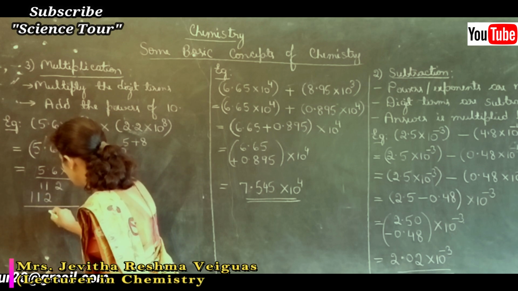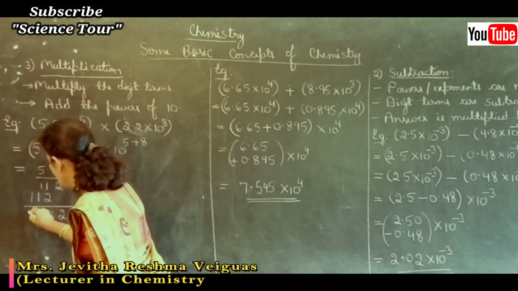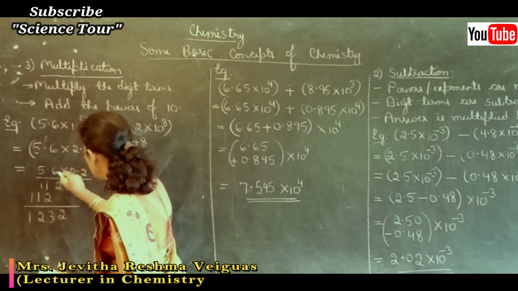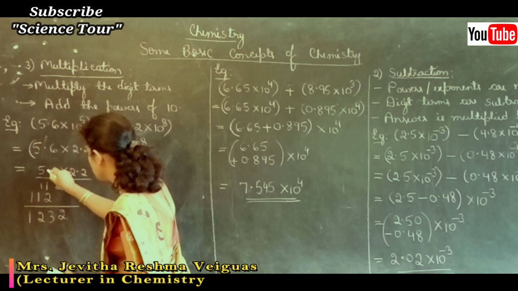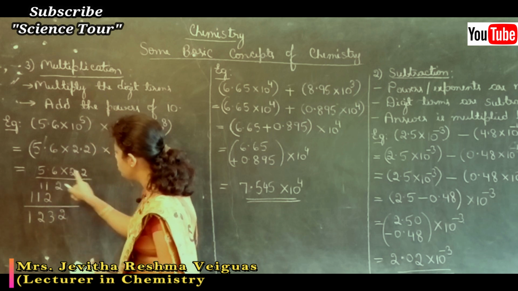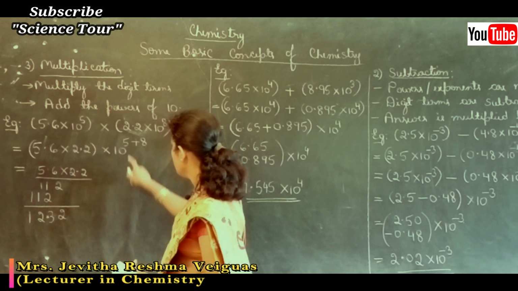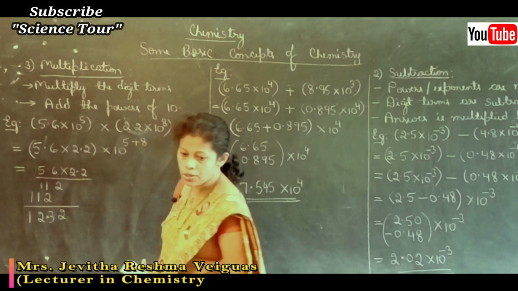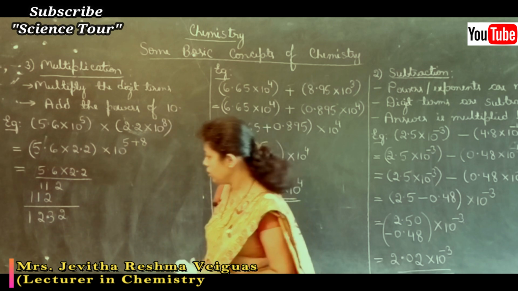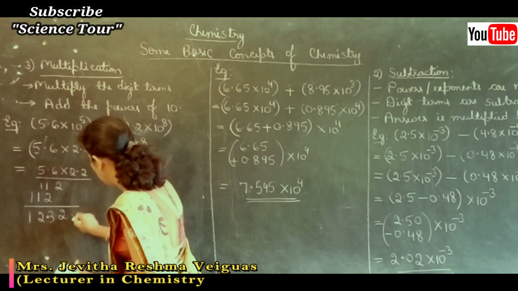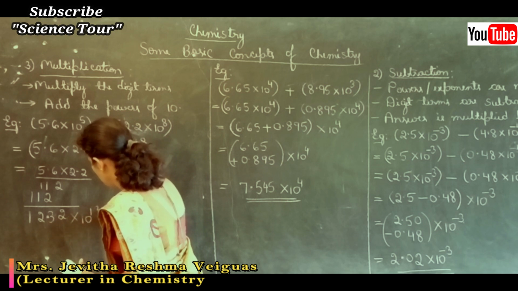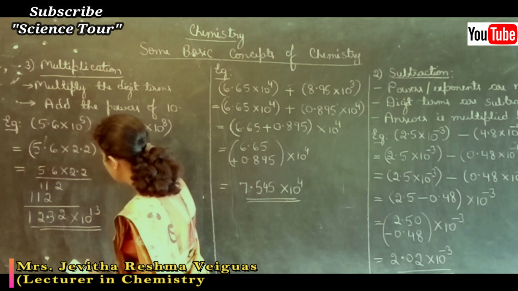So 2, 3, 2, 1. Here there is a decimal point. After the decimal point there is one digit in both the digit terms. So it is 12.32. 10 to the power 5 plus 10 to the power 8 is 10 to the power 13. See, this is how you have to do the calculation.